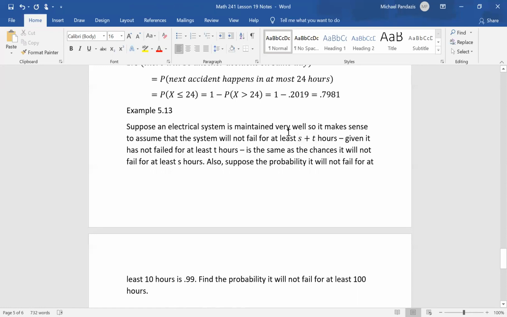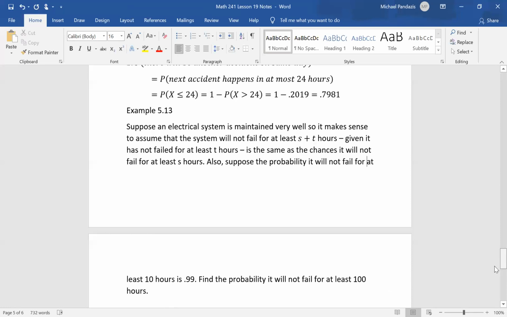So what you're assuming is that the system will not fail for at least S plus T hours is the same as the chances it will not fail for at least S hours. Okay. Also, suppose the probability it will not fail for at least 10 hours is 0.99. Find the probability it will not fail for at least 100 hours.